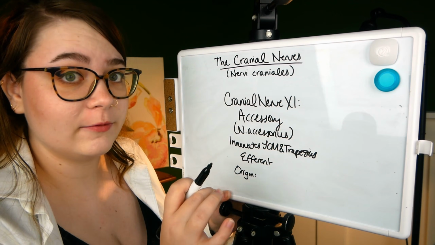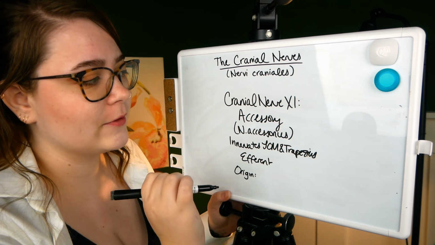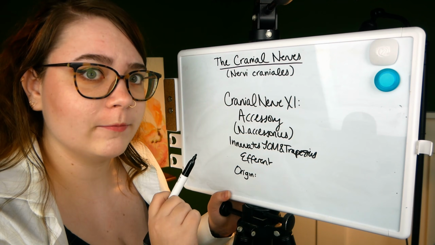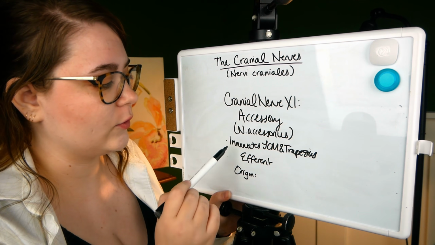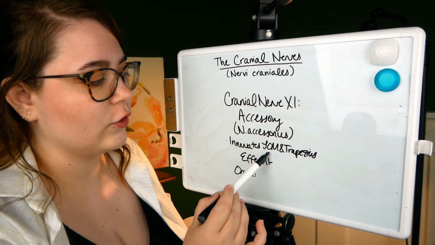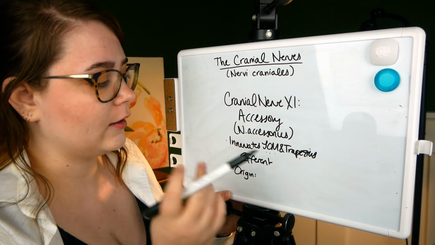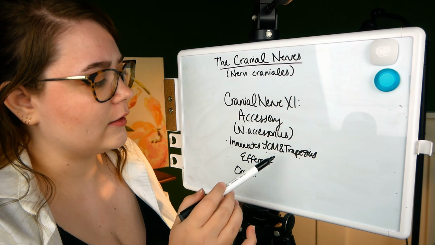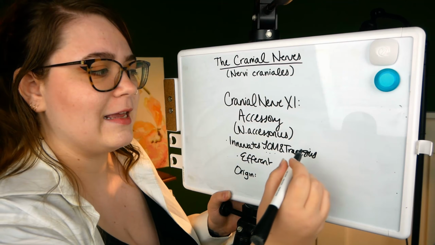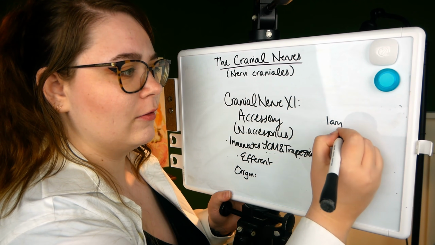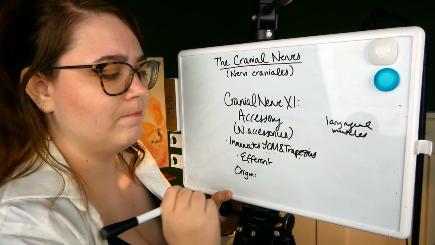Cranial nerve 11, the accessory nerve, nervus accessorius, is kind of a weird one. So this one definitely innervates or supplies nerves to the sternocleidomastoid and the trapezius muscles in the neck, back of the neck, and it's definitely an efferent nerve, but it might also innervate the laryngeal muscles.